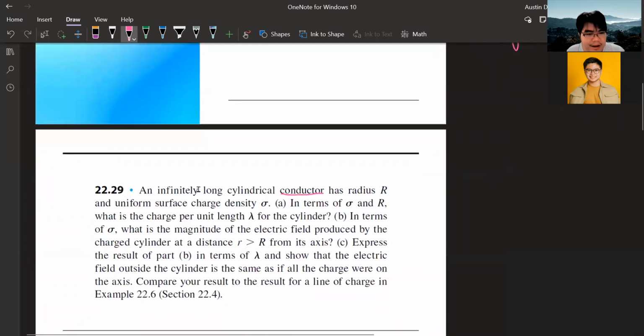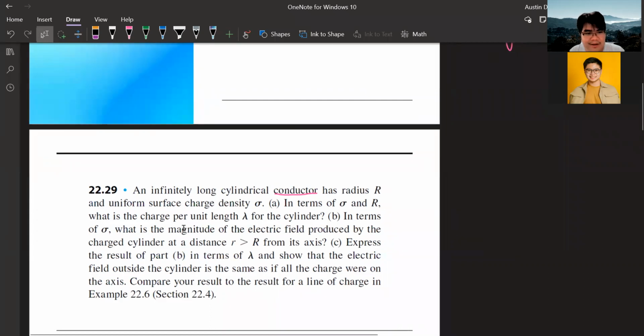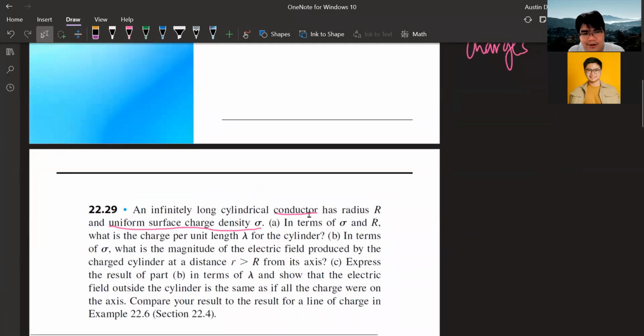You see this infinitely long cylindrical conductor has radius r and uniform surface charge density. Okay, kung mapansin nyo, gumamit siya ng uniform surface charge density. Kung insulator to, baka gumamit siya ng uniform volume charge density.